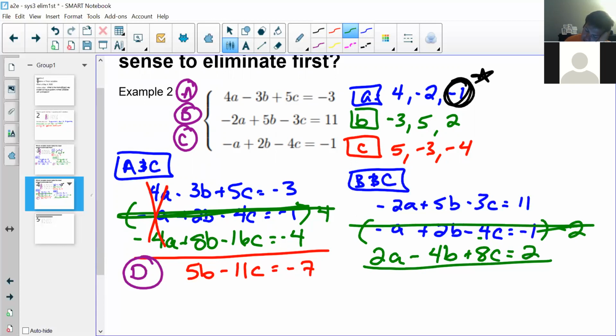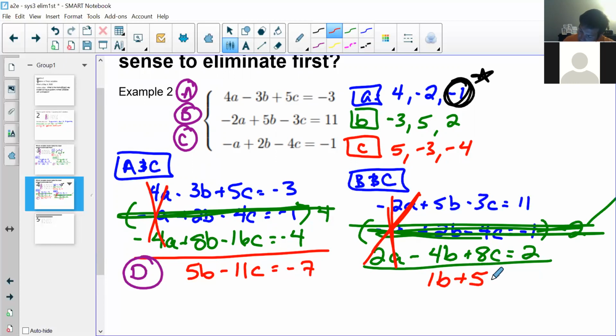And again, I like to wipe this equation off so that I'm not looking at that and using that as a part of the rest of the solving of this. Again, eliminating that, -2A plus 2A would be 0A, which makes 0. 5B minus 4B would be 1B. I have -3C plus 8C, that's going to be +5C. And then 11 plus 2 would be 13.